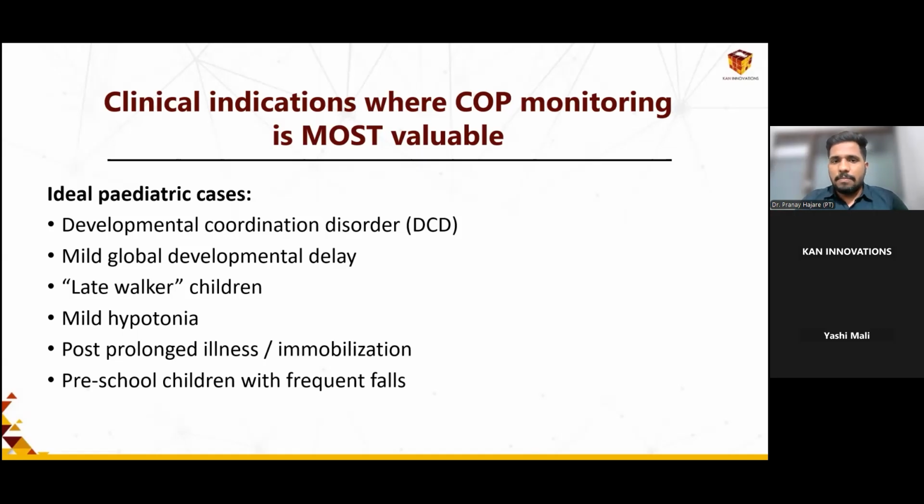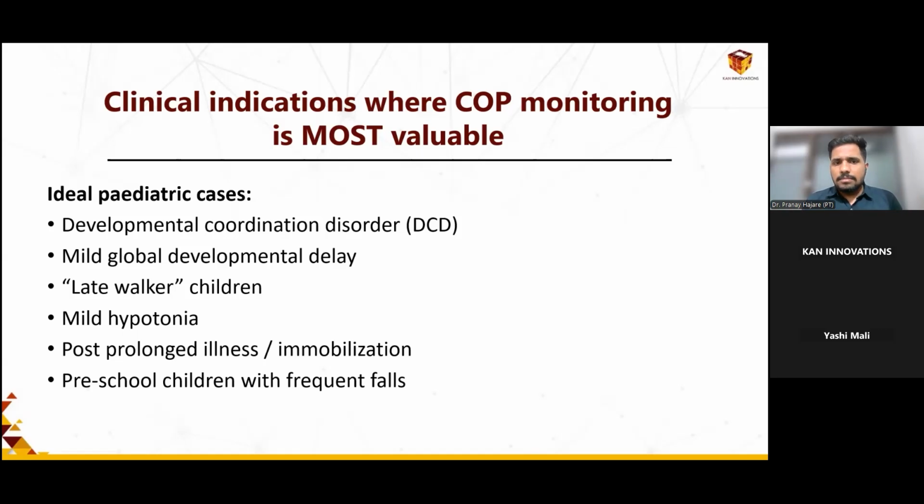In children with developmental coordination disorder, we often see irregular, inconsistent center of pressure progression, which reflects poor motor control. In mild global developmental delay or late walkers, the COP path may appear immature or unstable, showing delayed neuromotor development.